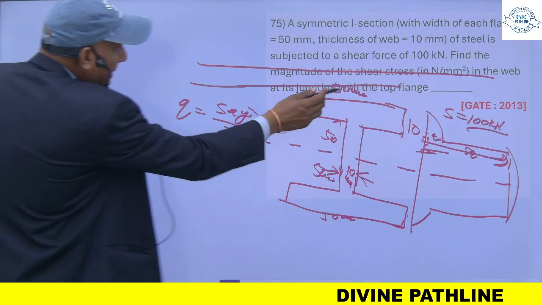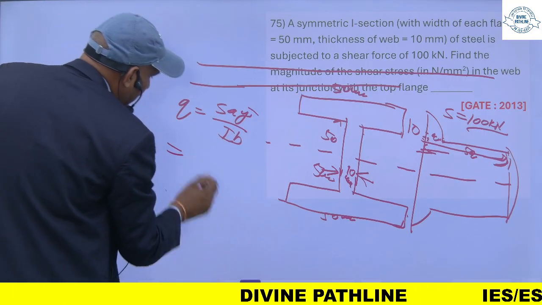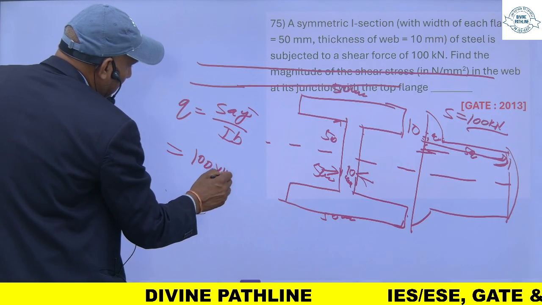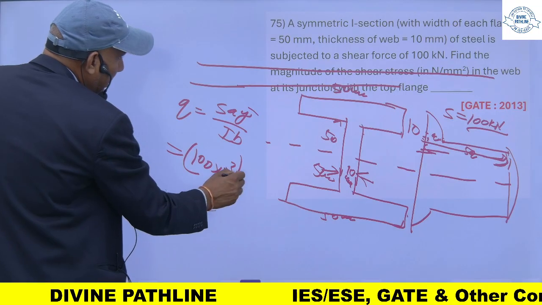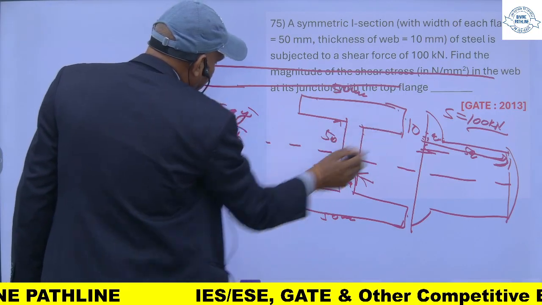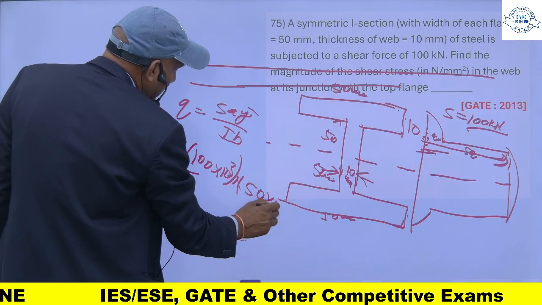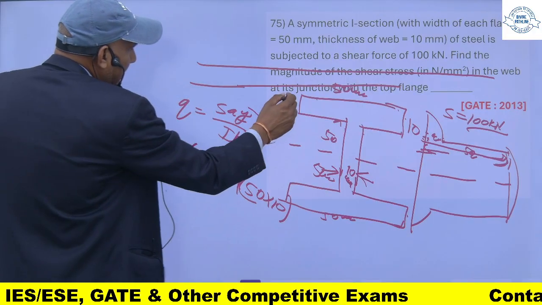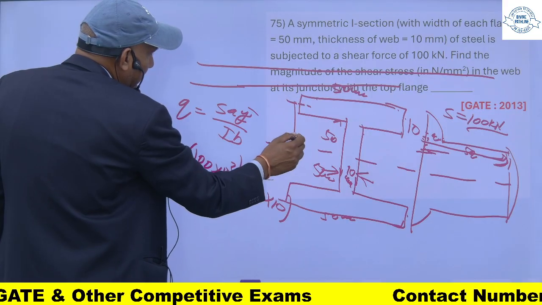Now S is equal to 100 kilonewton, that is 100 times 10 to the power 3 Newton. Area of this portion will be 50 into 10, into its distance from the centroid.